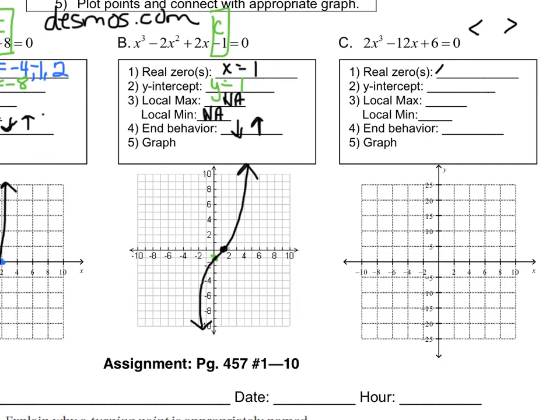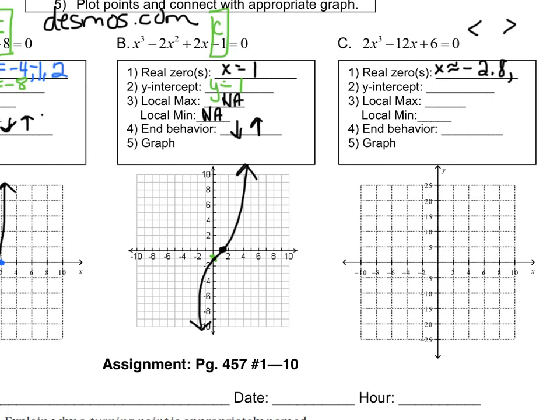In this case, it looks like the zeros are approximately at negative about 2.8, 0.4, positive 0.4, and positive 2.1. So we will plot those.